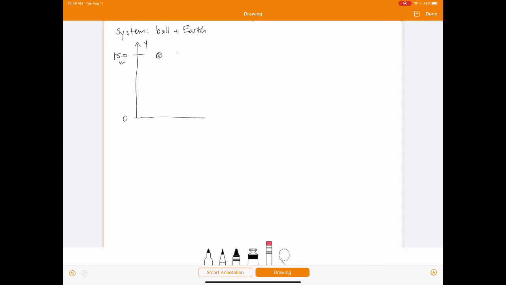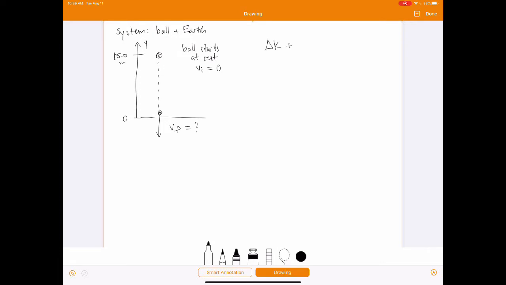Now the ball starts at rest, meaning its initial speed is going to be 0. So then in this initial state, it's dropped and it falls to the ground. And we want to know how fast it's moving down just before it hits the ground. So that's v final. So I'm going to start with the big conservation of energy equation.